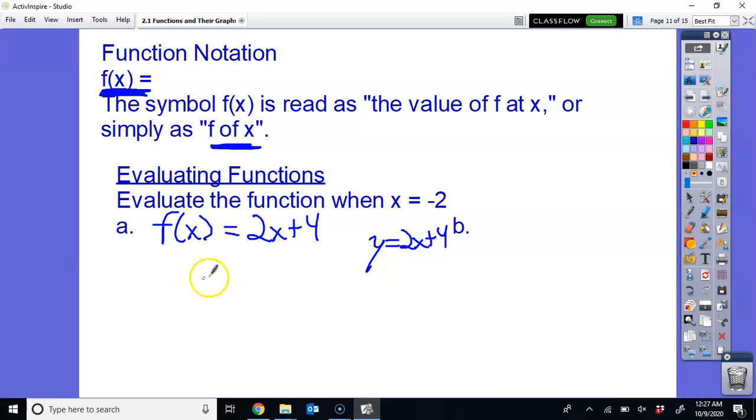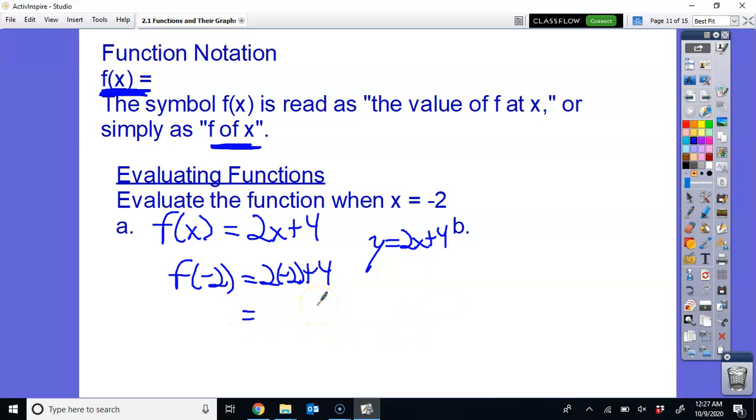So when I say f of negative 2, that means plug in negative 2 for x. This is called evaluating a function. This is a skill you're going to need to have for this class, of course, but you're going to need this skill in a lot of different jobs in life, where you just plug in a number for something, some kind of function, some kind of equation.